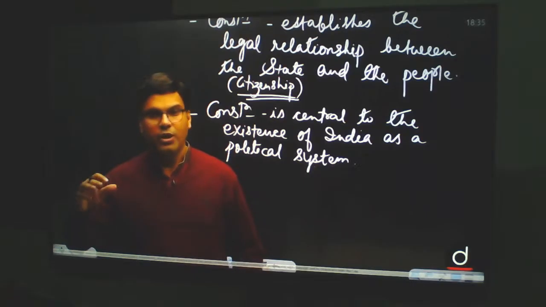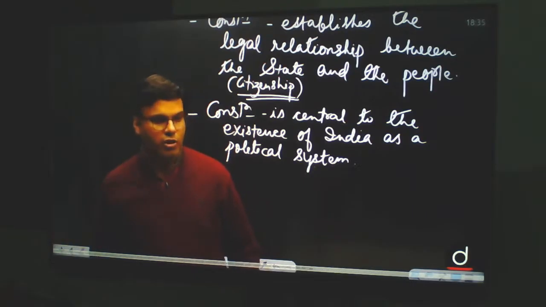When the Constitution and the spirit of the Constitution was very strongly subverted by the executive, we see the predominance of the executive in those times, where we actually played with the idea of India as a political system. That is where Constitution was very crucial.